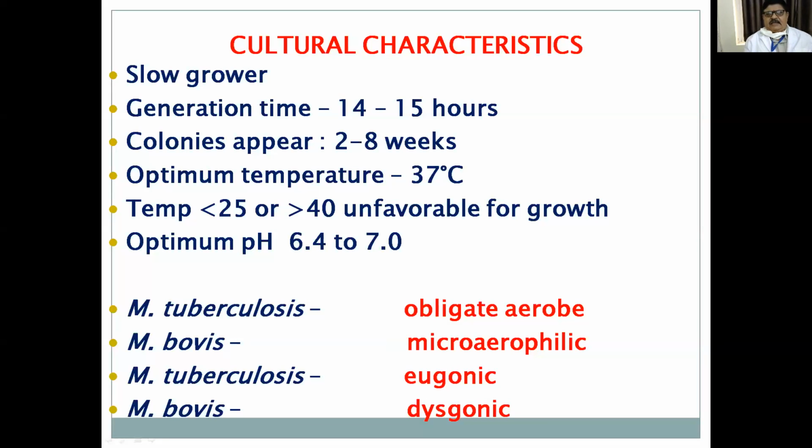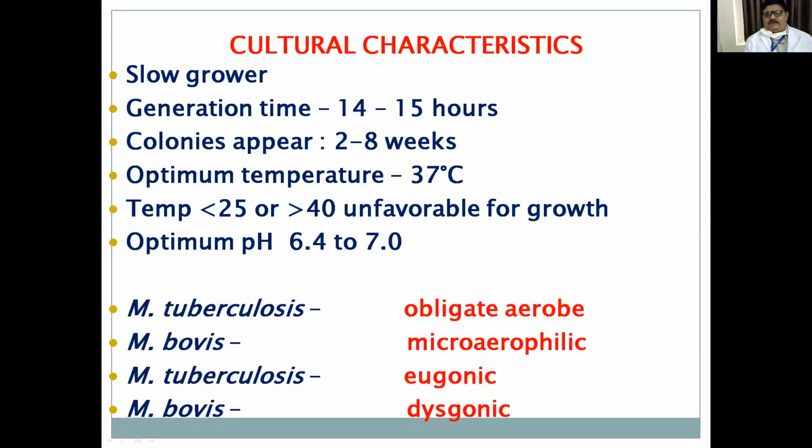Coming to the cultural characteristics: slow growers. When talking about non-tuberculous mycobacteria, we said rapid growers; here, they are slow growers. Generation time is 14 to 15 hours, a doubling time. Colonies appear in 2 to 8 weeks.